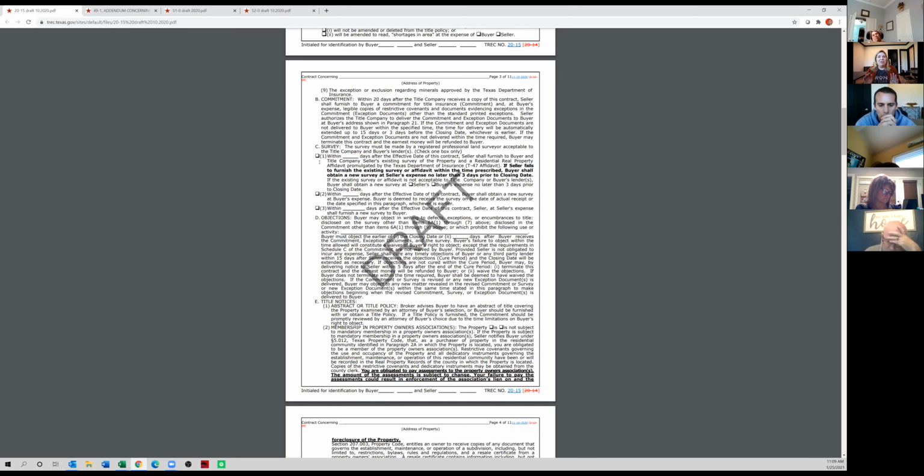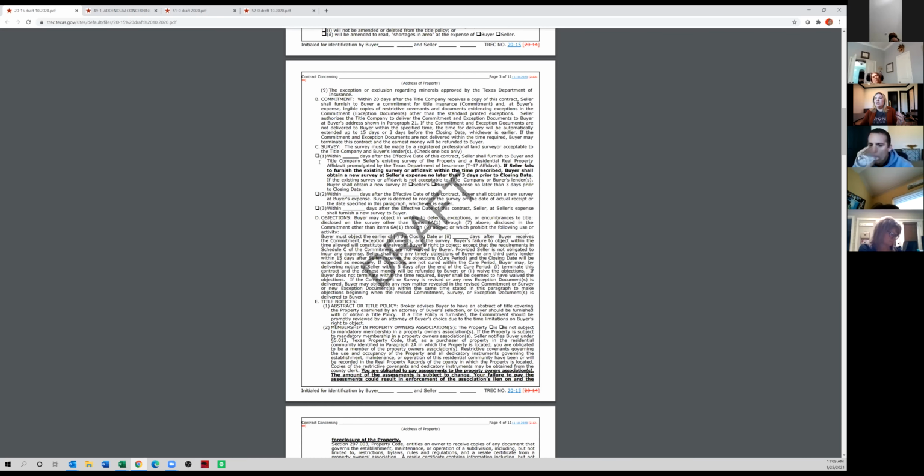The line that I do not want blank, and I do pick on people about this, and I don't go to everybody, but y'all, it's blank so often and it's such a bad deal, is that second part where it says buyer must object the earlier of the closing date or blank days after the buyer receives the commitment, exception documents, and survey.